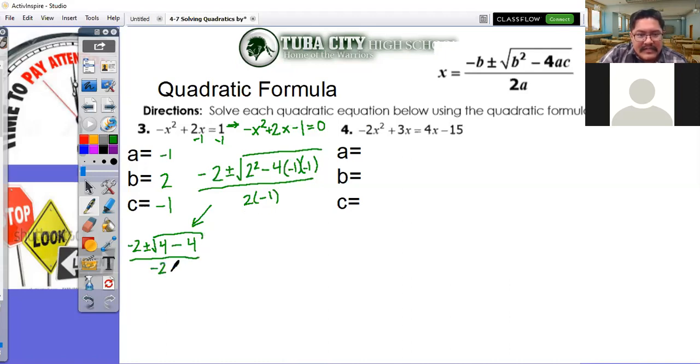So 2 times -1 is going to be -2. And I am going to, okay, so something kind of weird happens here. And this is actually going to tie into a future lesson, because we do have something that's kind of odd here. 4 minus 4.